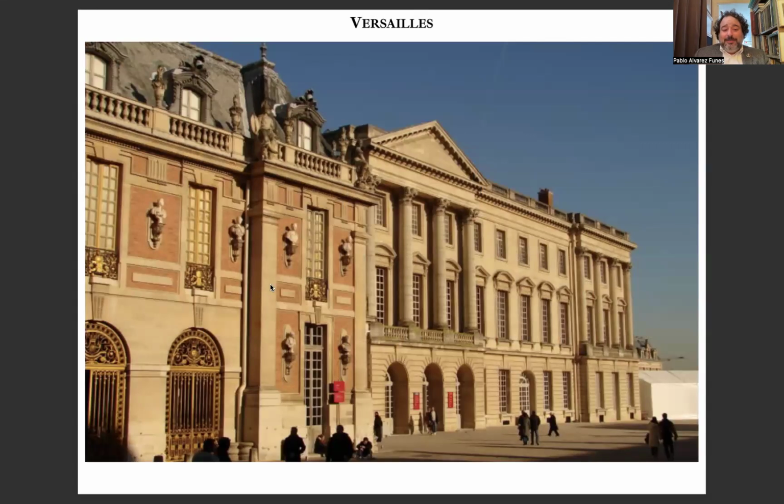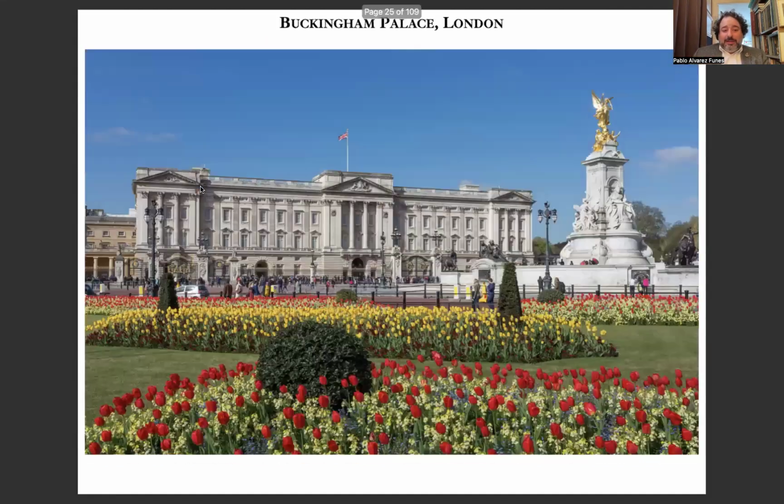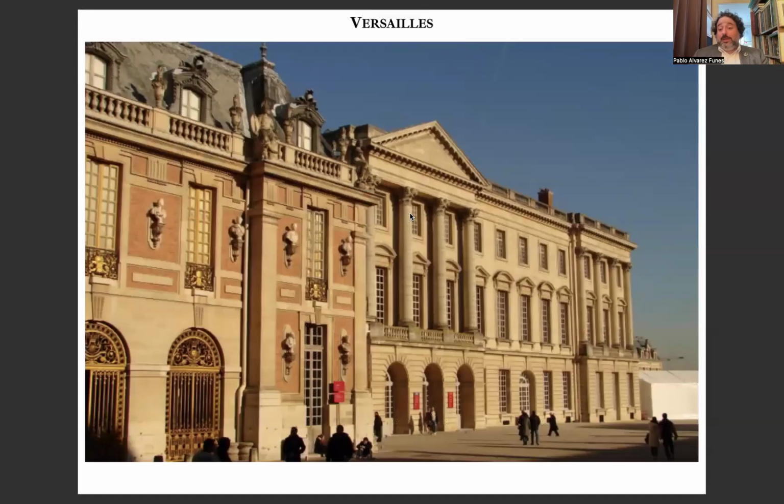And I wanted also to bring this image, despite the low quality, to see the difference between the old part to the left, which is the chateau built by Louis XIII, and then one of the extensions done during the reign of Louis XIV. So we can see two different understandings of classical architecture in here, something a bit more late Baroque, late Renaissance, early Baroque, much more vernacular, if you want to say, with some quirks like this double triglyph, and this up and down of the windows, with something much more ordered, neoclassical distribution from the late Baroque.